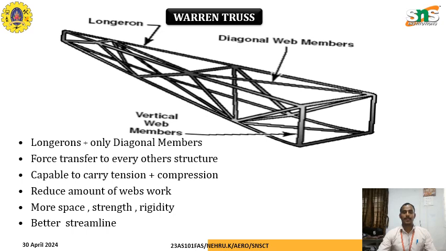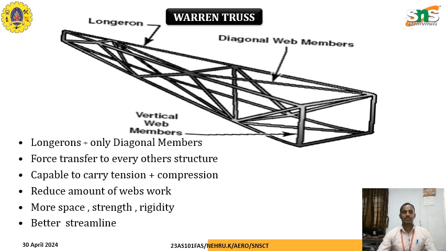every member in the wing or the fuselage or other structures like longerons and stringers, which is capable of carrying both the tension and compression loads.